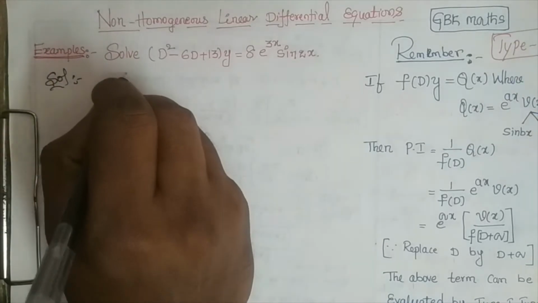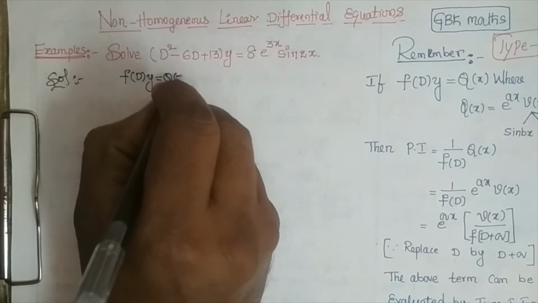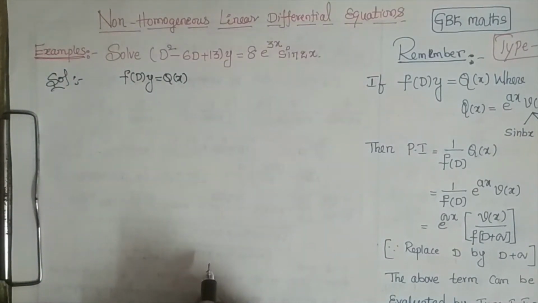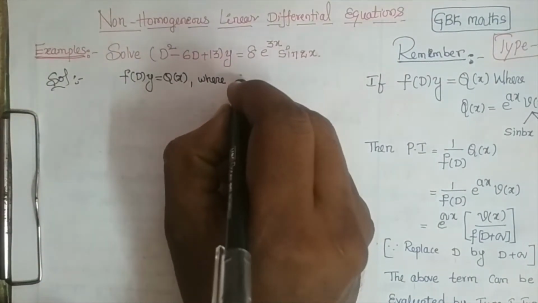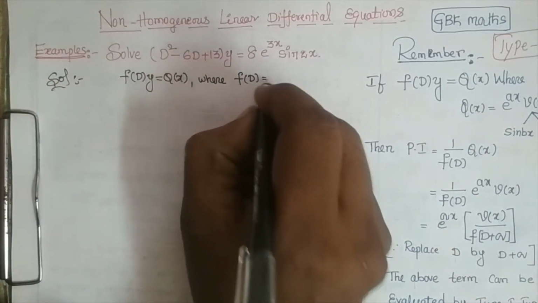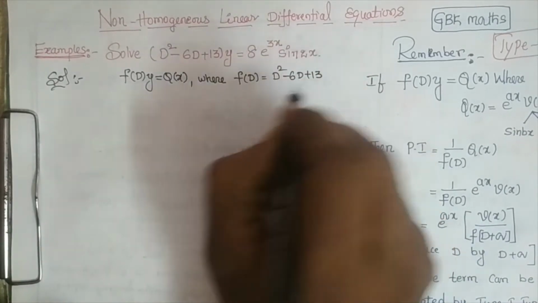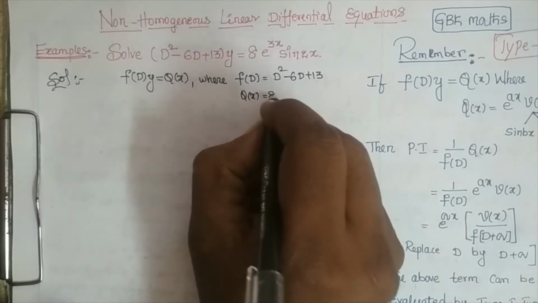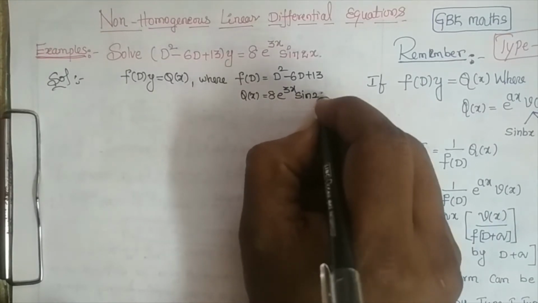The given differential equation is in the form f of D into y is equal to Q of x, the generalized form of the non-homogeneous linear differential equation, where f of D is D square minus 6D plus 13 and Q of x is 8 into e power 3x sin 2x.